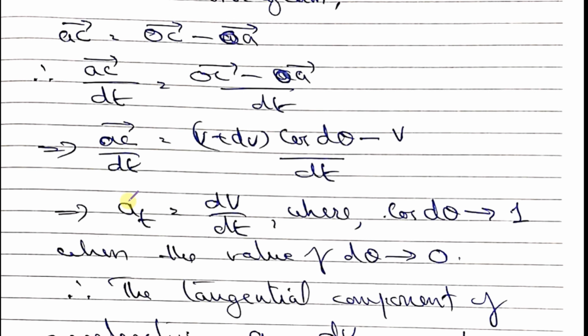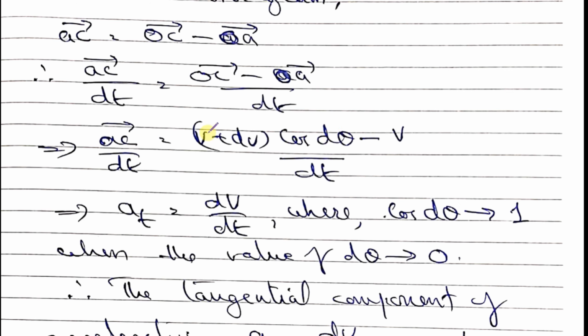This AC by dt is AT, the tangential component of acceleration, or tangential acceleration, that is equal to dV by dt. How is it coming as dV by dt? Because of V and V into cos d theta. When theta is approaching or tending to 0, cos theta will be 1.